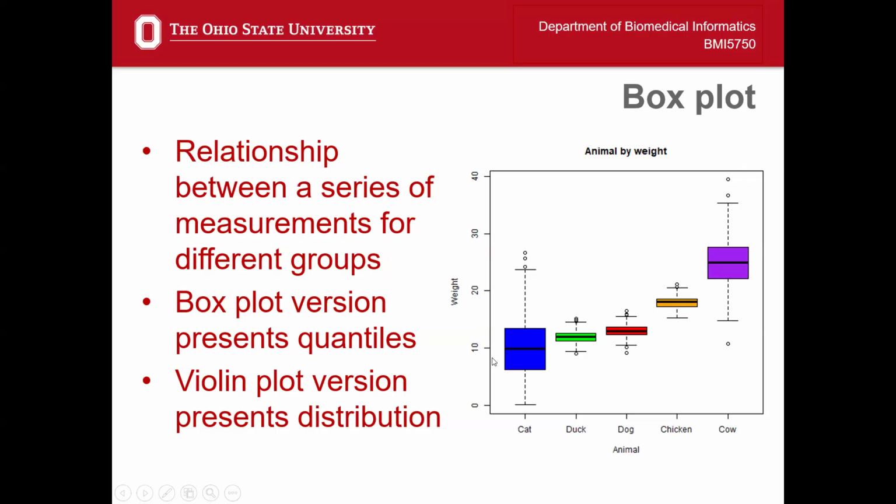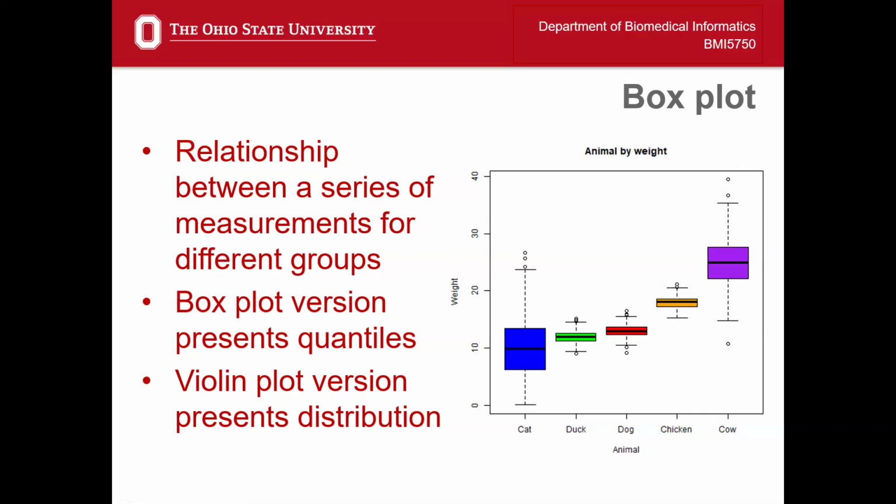So it's sort of like here at the bottom is zero. Then our box starts, we're at the 25th percentile. The thick line is our 50th percentile. Then the top of our box, 75th percentile. And the line at the top is 100th percentile.